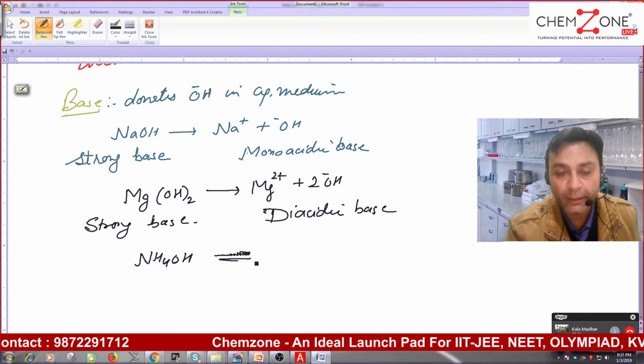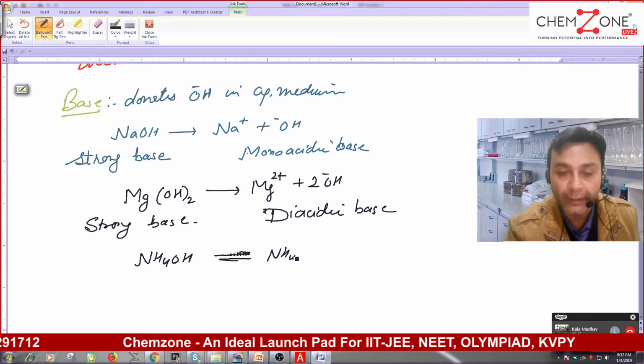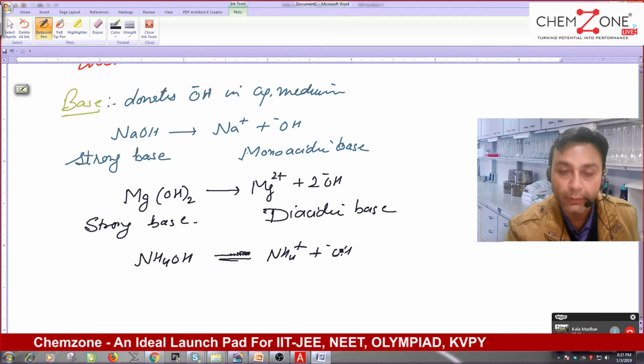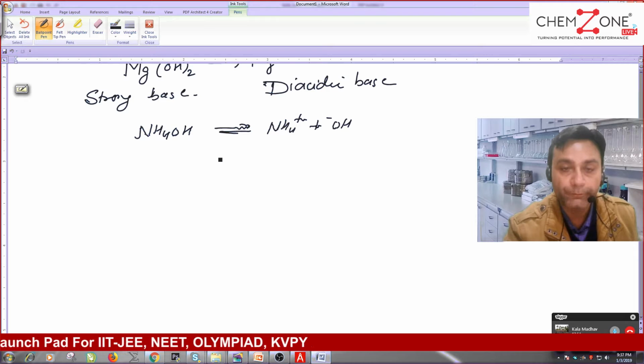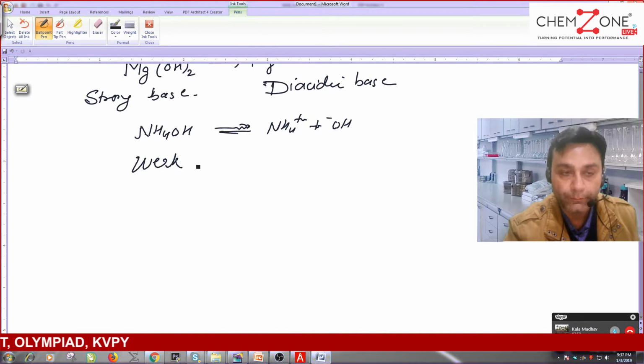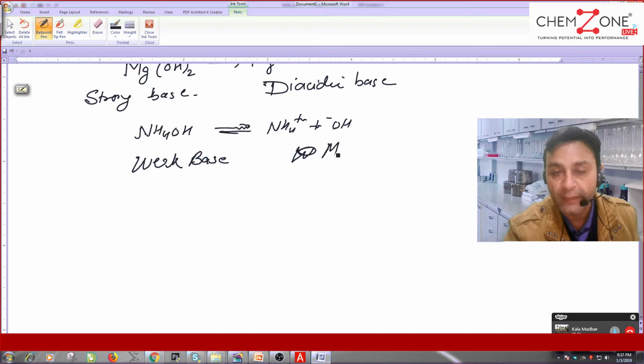This is undergoing incomplete dissociation and forms here ammonium ion and OH ion. If it has to be complete dissociation, all of the compounds have to be separated. It is now a weak base because it is not undergoing complete dissociation. And again it is a monoacidic base. Is that clear?